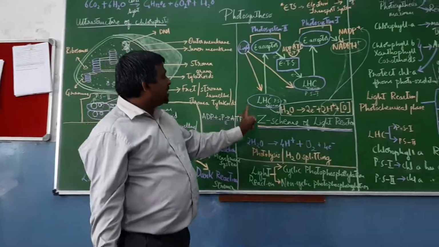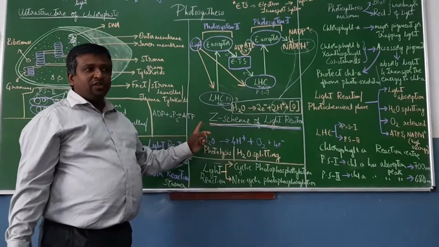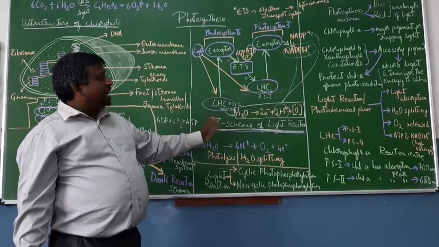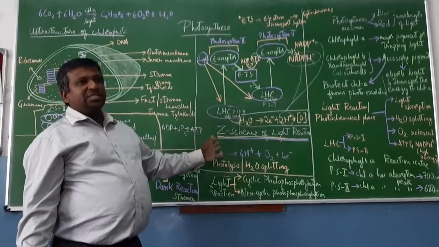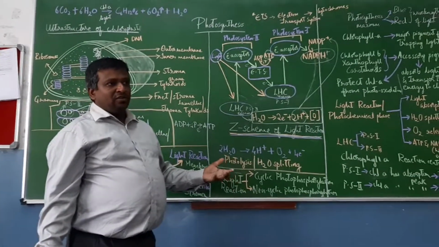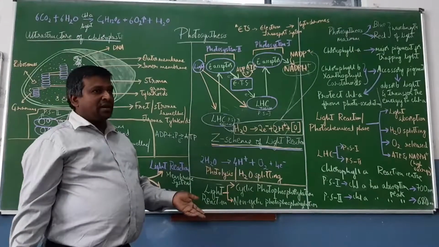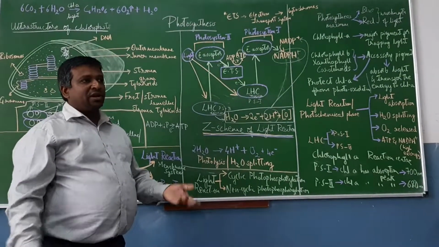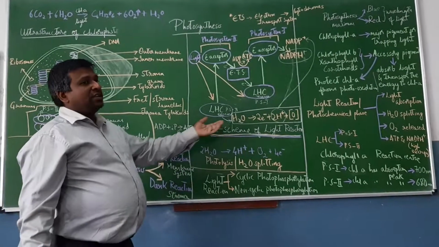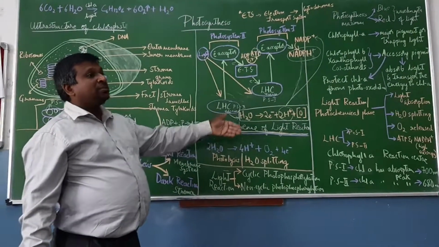You have to remember and draw this diagram for non-cyclic photophosphorylation. For NEET examinations, they might ask which is the source of oxygen during photosynthesis. They might give options like photolysis of water, or carboxylation, or reduction, or NADPH. So it is photolysis of water or water splitting.